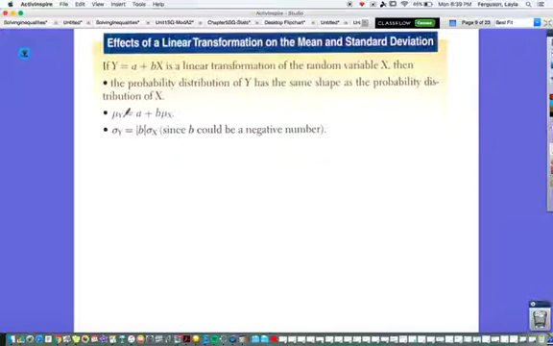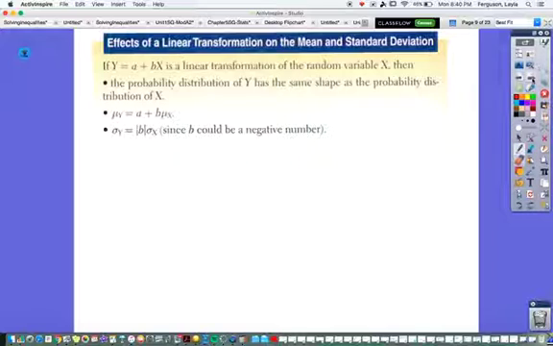The mean of y is equal to a plus b times the mean of x, and the standard deviation for y is equal to the absolute value of b times the standard deviation of x. And it's important to note that b could be a negative number, and because it could be a negative number, we want to multiply by the absolute value of b, so that we're always multiplying by a positive number.